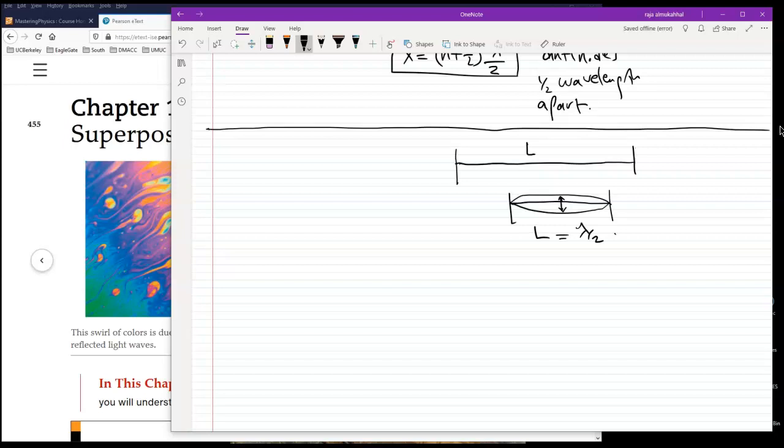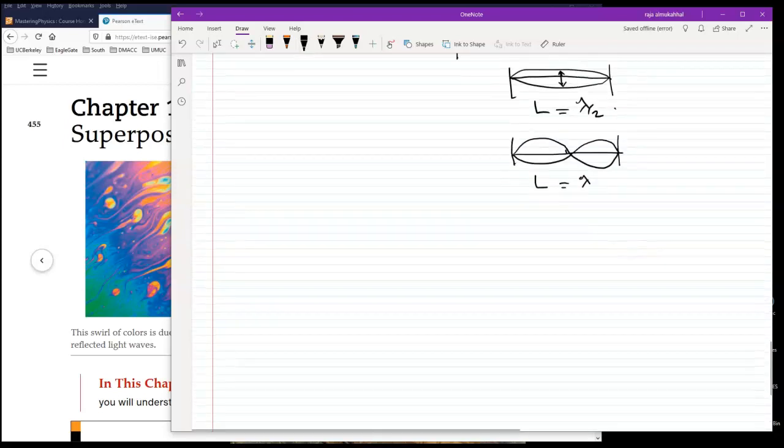Make sense? Now, at a different frequency or different tension, you may get it to be like that. See that? Where here the length is equal to lambda. Make sense? The third one, I'm going to do a bunch of them. You may have a lambda and a half, where here is the length of the string, and you get this pattern.